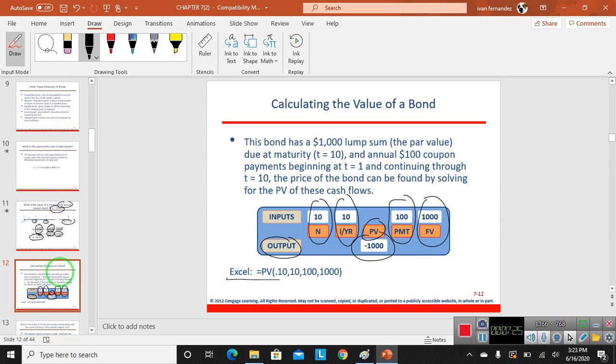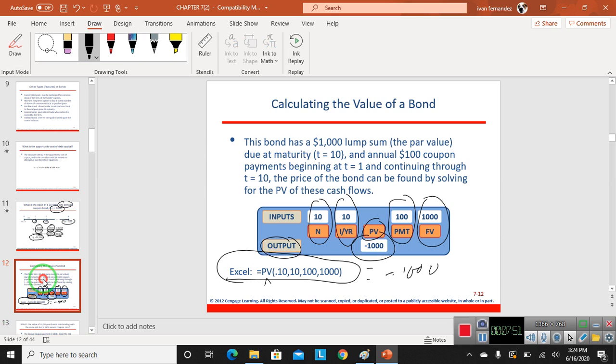On Excel, it will look like this: equal sign PV parentheses 0.10 for the required return, 10 for the number of periods, 100 for the coupon, 1,000 for the future value, and you will get the answer of minus 1,000. Excel will give you the exact same answer.